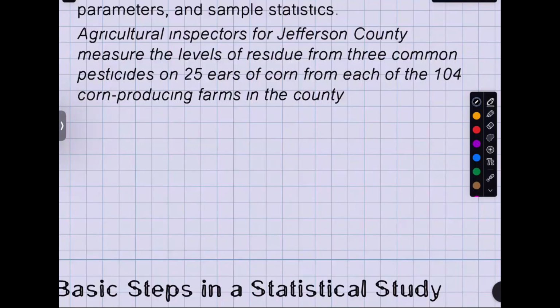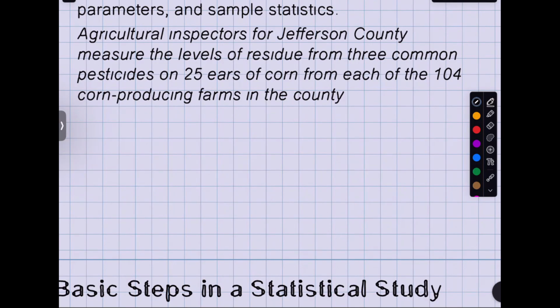Remember, the 25 is only a part of what was produced, right? The population is the whole thing. So again, if we were really trying to figure out the real TV ratings, we would have to knock on every single door and interview every single person in that residence, in order to have a true TV rating. So it's about the whole thing. So yes, it's the ears of corn.